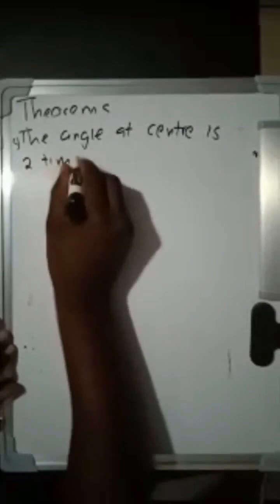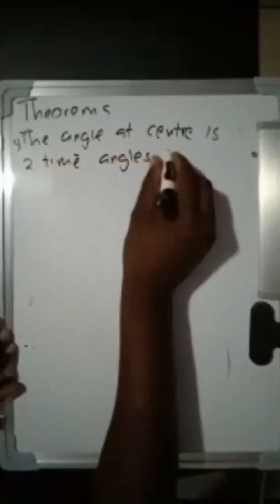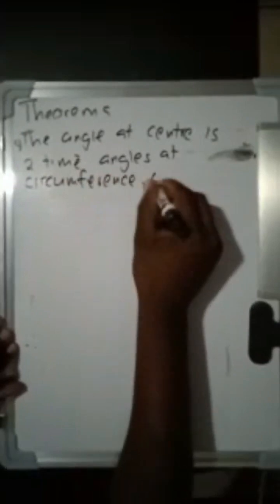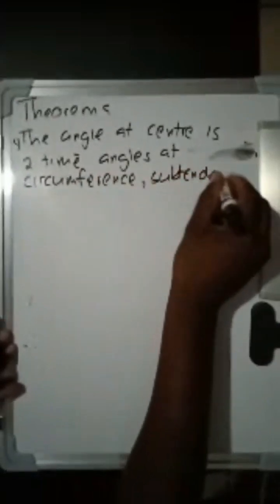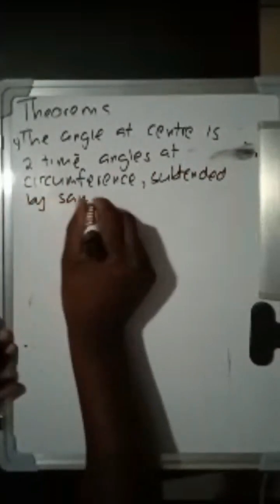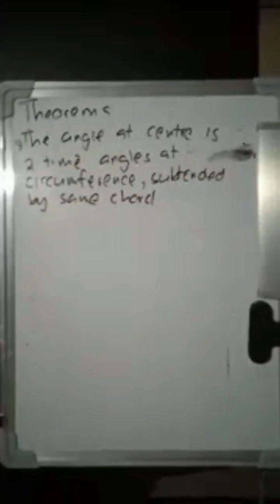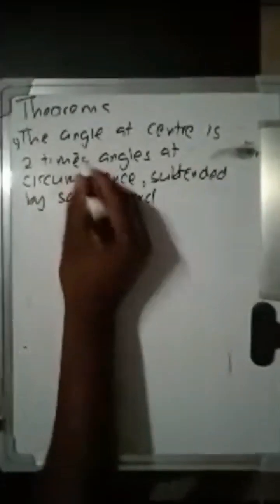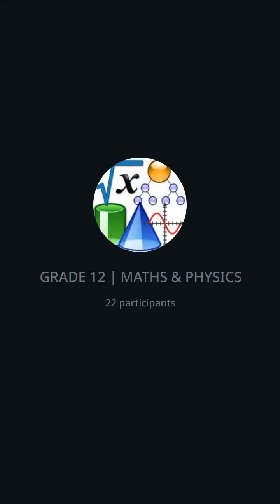The angle at center is 2 times the angle at the circumference when they are subtended by the same chord. Okay, what do we mean by that?